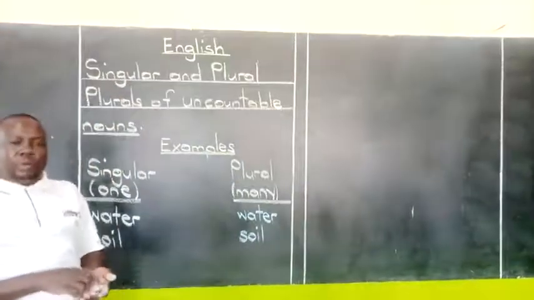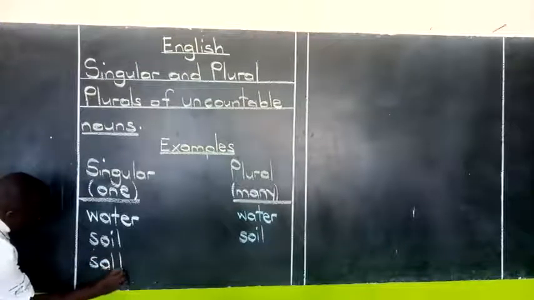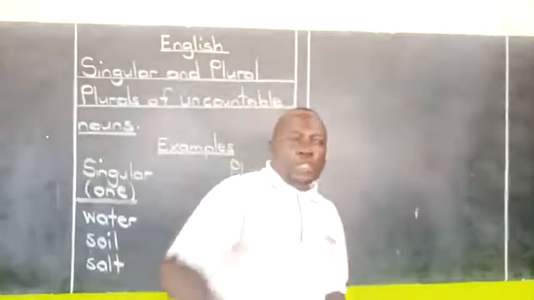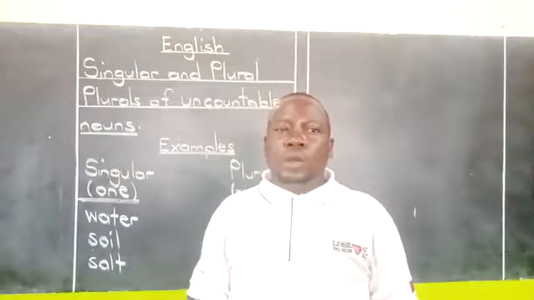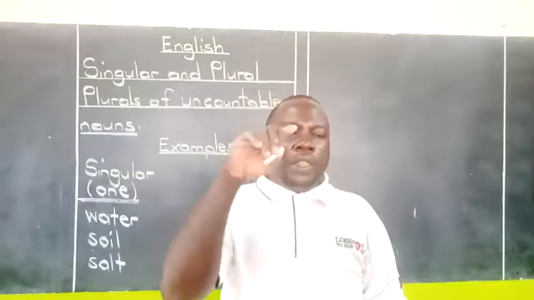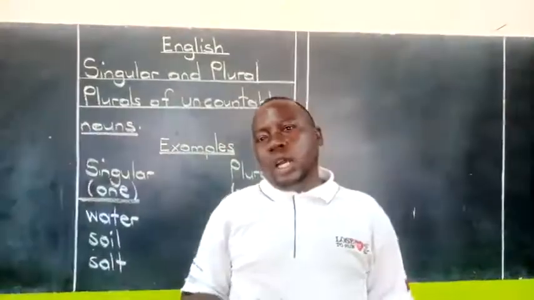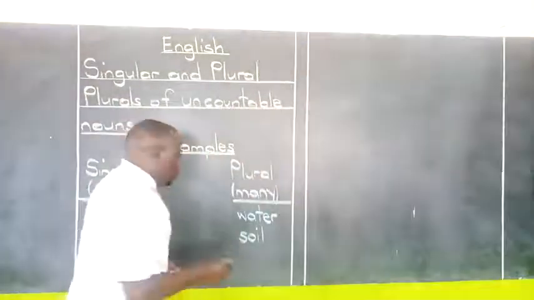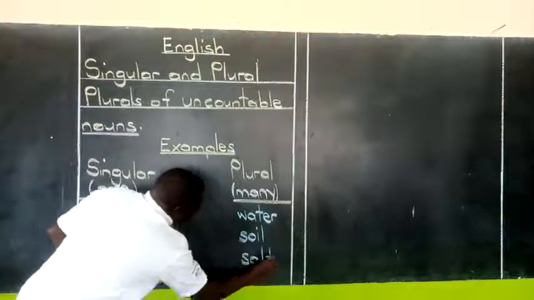Another one, we have salt. If they give you 1 kilogram of salt, to count it, you can spend even 5 years and not finish counting it. So those are the things that we can measure in kilograms, half kilo, and the others. So salt, you cannot say salts, but it remains salt.